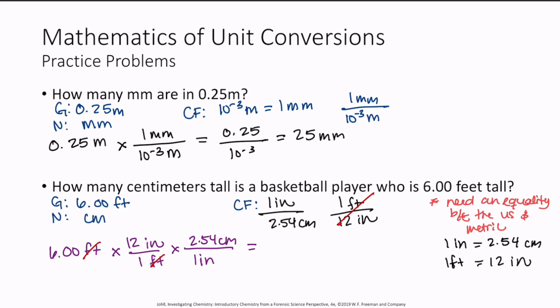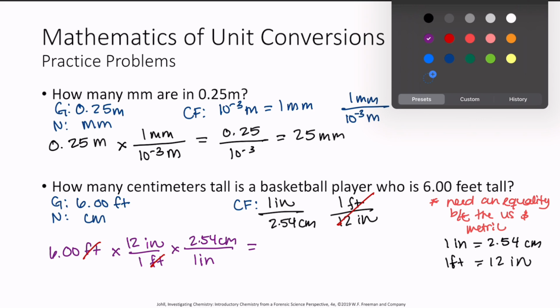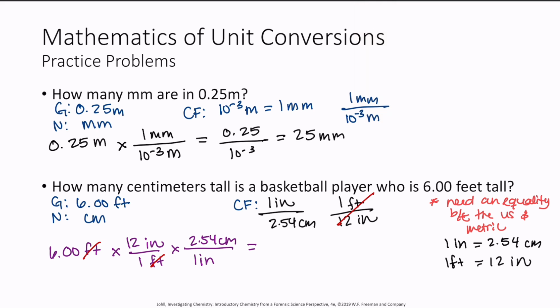Now, when you go to do this math, again, you want to multiply everything across the top and then everything across the bottom and then divide the two. So in my calculator, I'm going to put in there 6 times 12 times 2.54. So go ahead and put that in your calculator. 6 times 12 times 2.54.